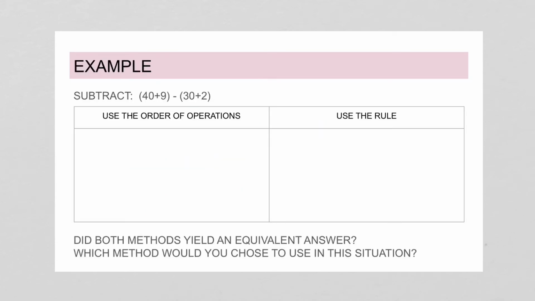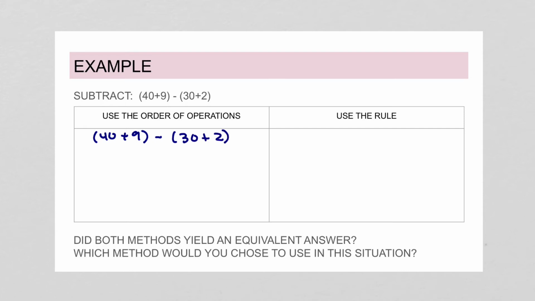All right, so now let's try it with this example. Let's subtract 40 plus 9 and subtract from that the expression 30 plus 2. Well, we can do that more than one way, but let's first use the order of operations, the way we've always done it. So I've got 40 plus 9 minus 30 plus 2.